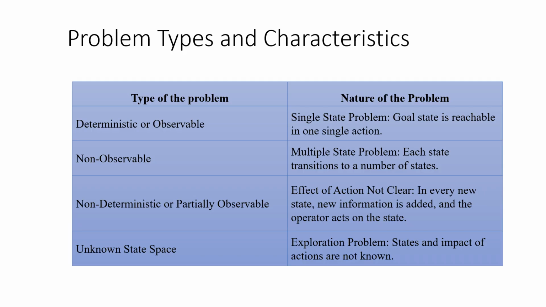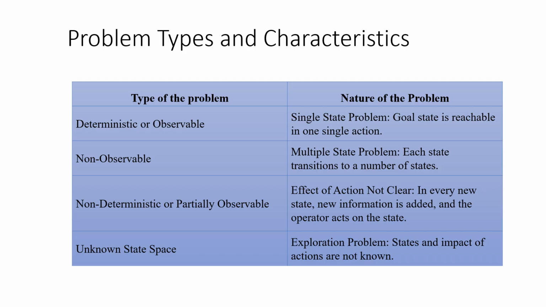Every action can add something new, and then only the operator acts at the state level. This is what happens in the non-deterministic or partially observable case: each state takes on the newly added information in solving our problem statement.